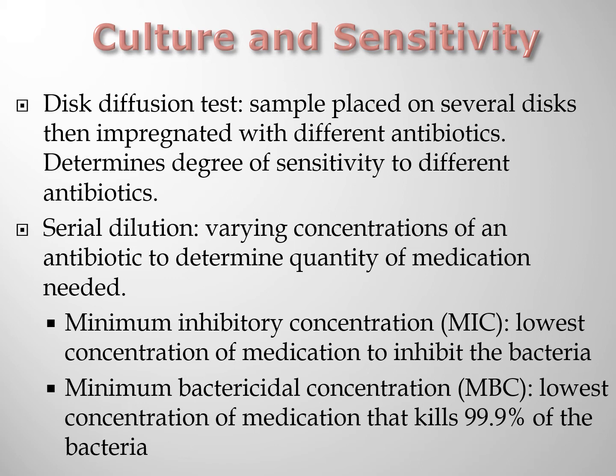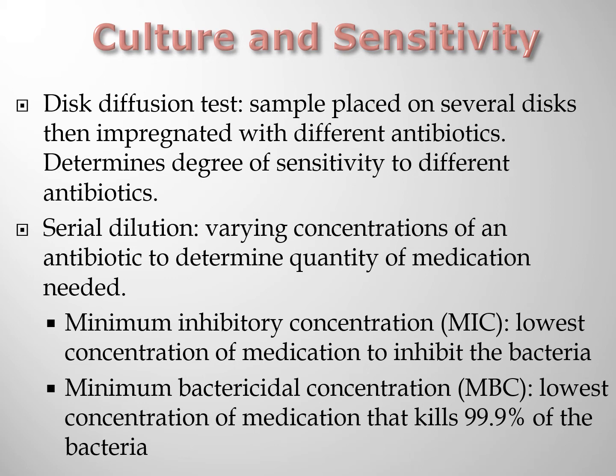And then what can be done is what's called a serial dilution, meaning, okay, I know that this antibiotic is sensitive to kill or stop the growth of a certain bacteria. What's the lowest amount of concentration I need of the antibiotic to destroy the bacteria? So that's the minimum inhibitory concentration that we spoke about.